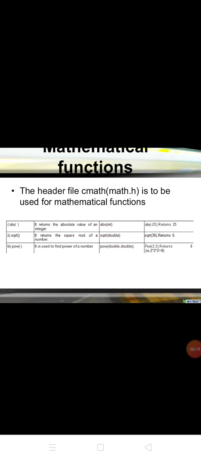Example: abs(-25) returns 25, sqrt(36) returns 6, pow(2, 3) returns 2 multiplied 3 times. The resultant is 8.